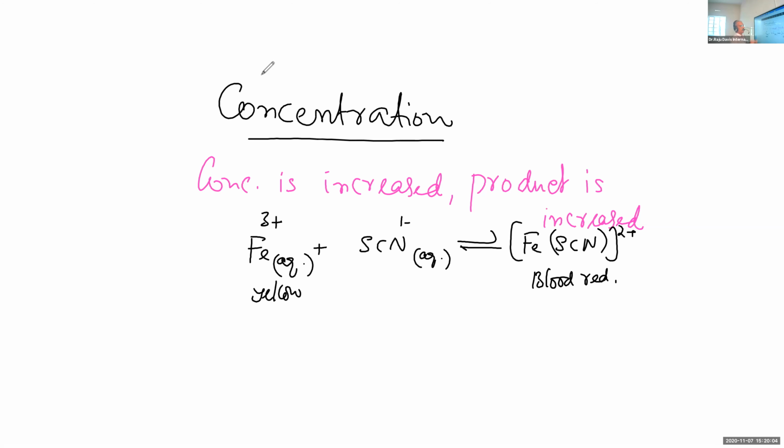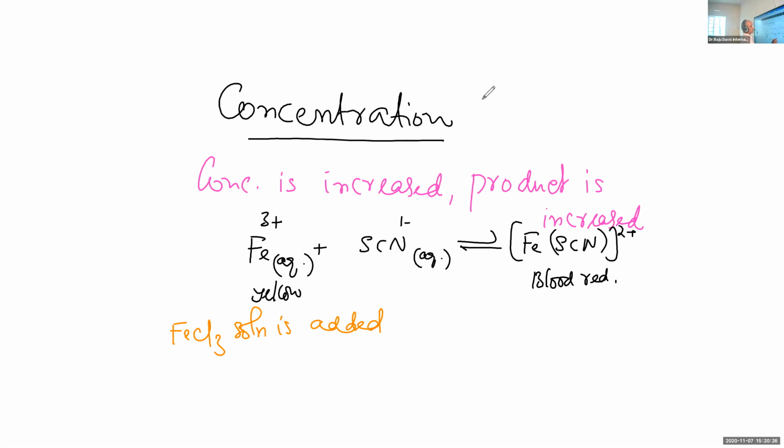Now, you add a small amount of ferric chloride solution, FeCl3 solution, into this mixture, into this equilibrium. Then what happens?